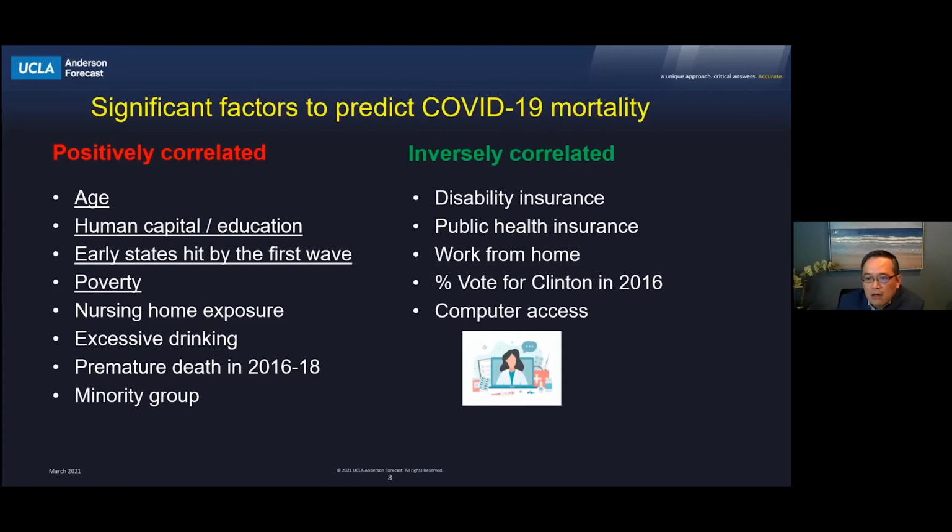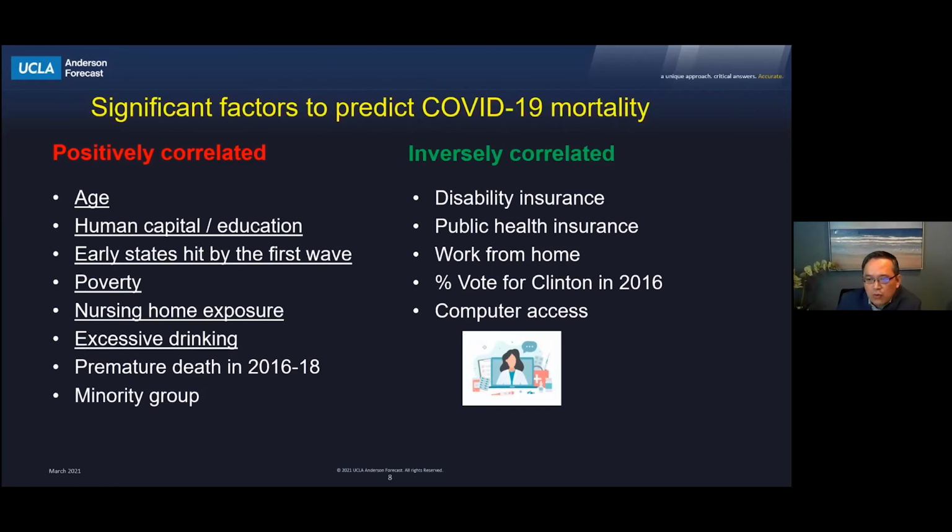That is, a county with more residents living in poverty would have higher COVID mortality. That is not surprising. Then nursing home exposure. We had heard many tragic stories happen in nursing homes, and now it is confirmed by our empirical evidence. Indeed, a county with more nursing home capacity has a higher mortality rate.